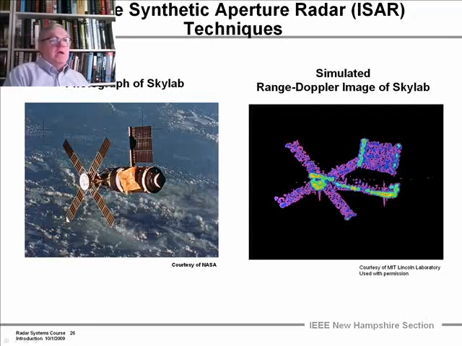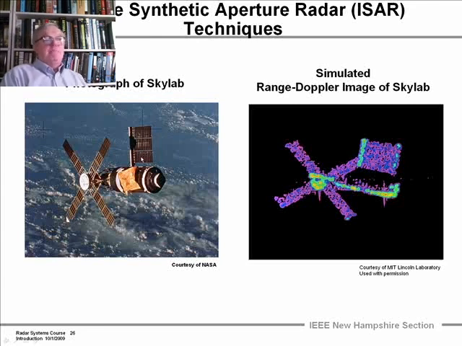Now, there are no images of satellites in orbit that are unclassified. But this is a simulated range Doppler image that is very interesting from the contribution that it was able to make. Way back decades ago, the U.S. launched a Skylab satellite that would go up by itself, deploy antenna and solar panels and things like that.